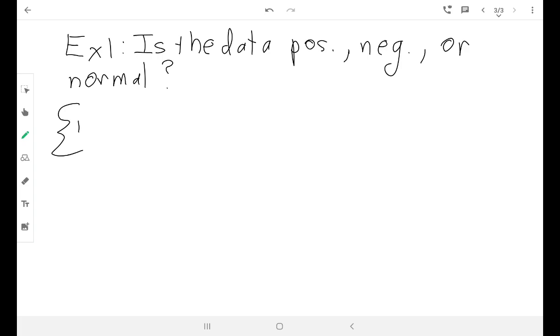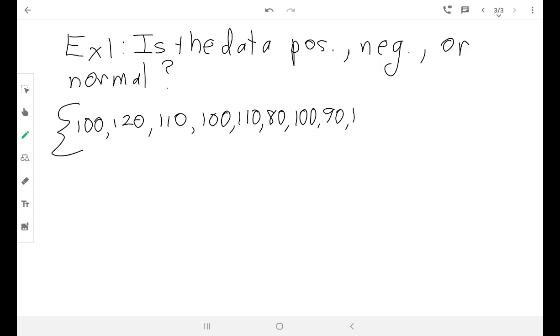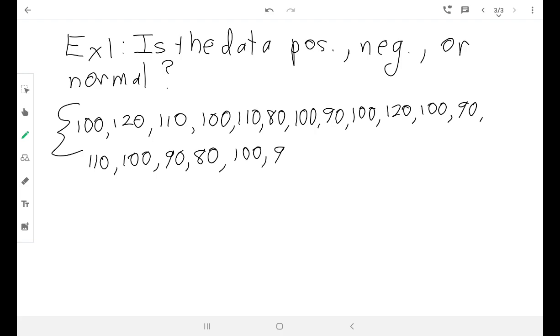So here's the data: 100, 120, 110, 100, 110, 80, 100, 90, 100, 120, 100, 90, 110, 100, 90, 80, 100, and 90.